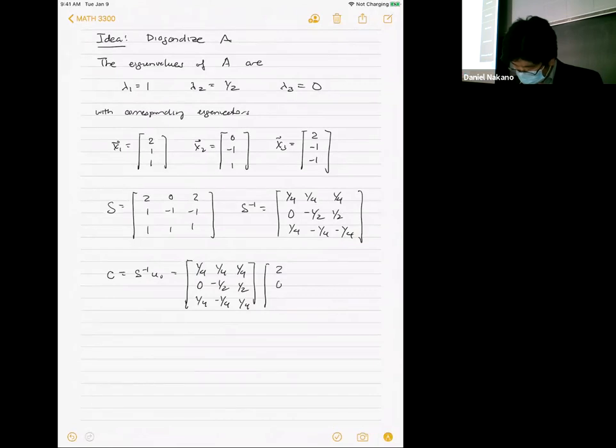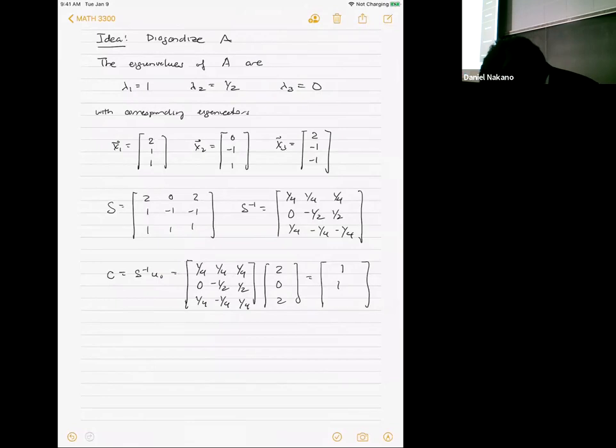Okay? And then you matrix multiply. If I take the dot product of 2, 0, 2 with the first row, I get 1/2 plus 1/2, that's 1. The second one is going to be equal to 1 also. And then the last one is 0. Sorry, there's a negative here, so it's 0.